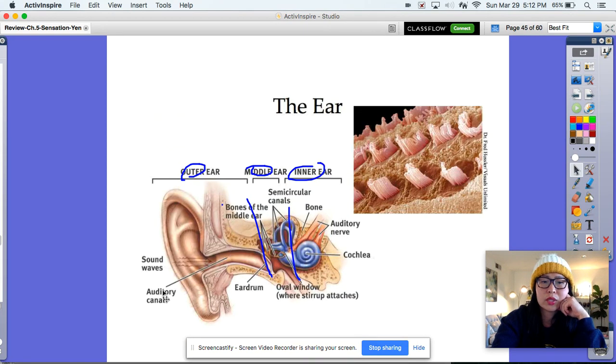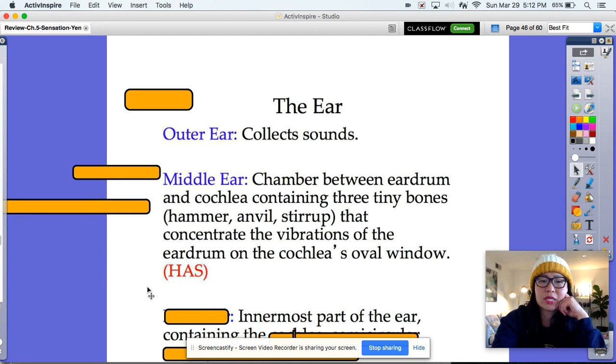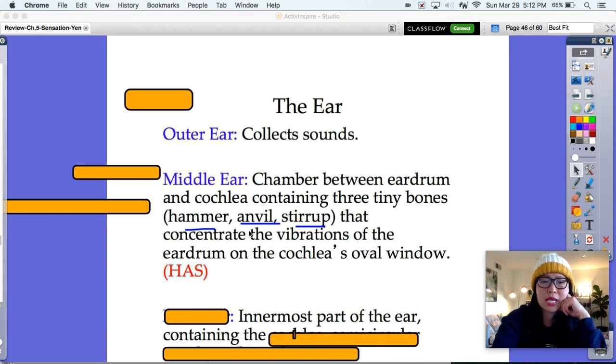This is going to include your auditory canal and your eardrum. Then we have the middle ear. The acronym is HAS because we have the hammer, the anvil, and the stirrup. It looks like a little hammer, a little anvil, and a little stirrup in our ears.